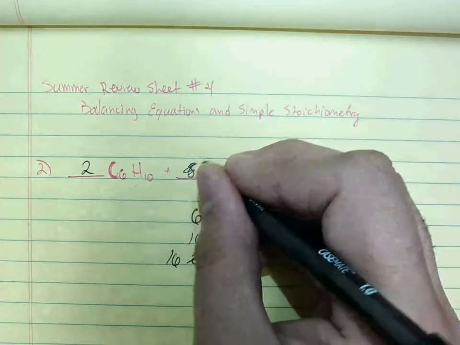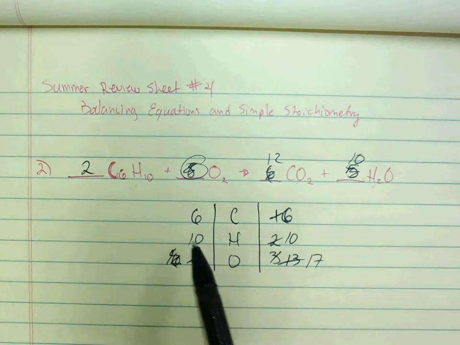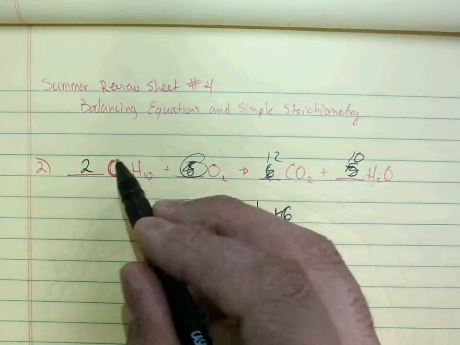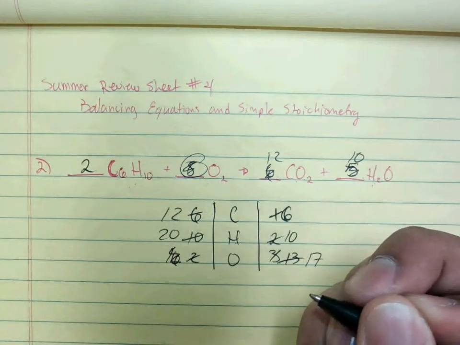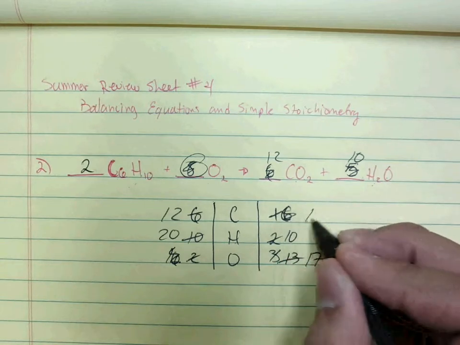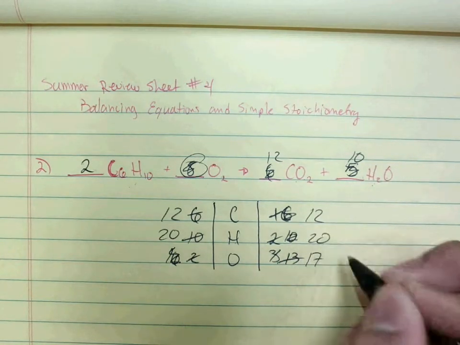And then I'll fill this out. So I'm going to forget about the 16. Alright, so I'm going to do 2 times 6, that's 12. 2 times 10, that's 20. That's 12. That's 20. And now let me count the oxygens.